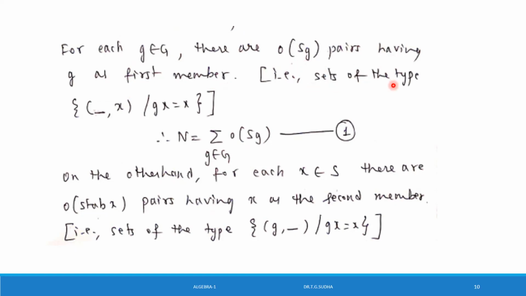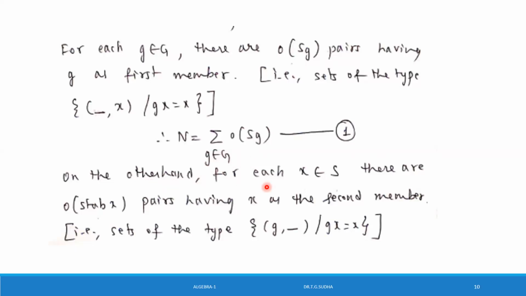If I consider the ordered pairs G comma X such that Gx is equal to X, how many of them are there? There are order of SG pairs. Therefore, capital N will be equal to summation order of SG where G runs over capital G.